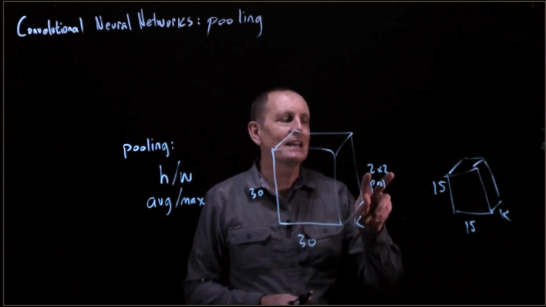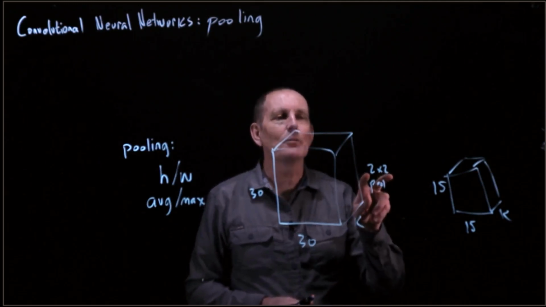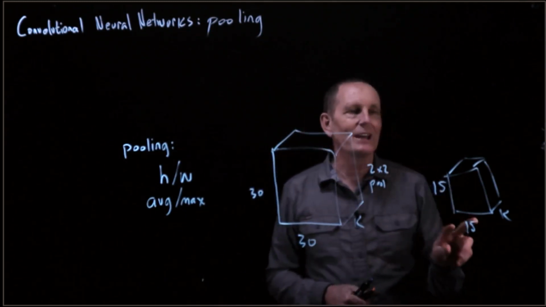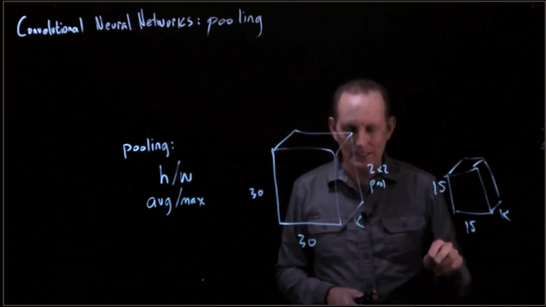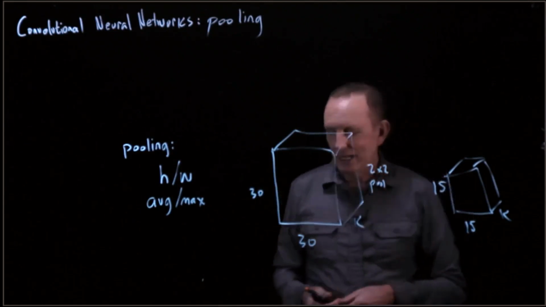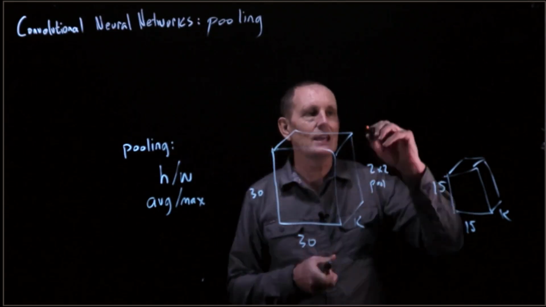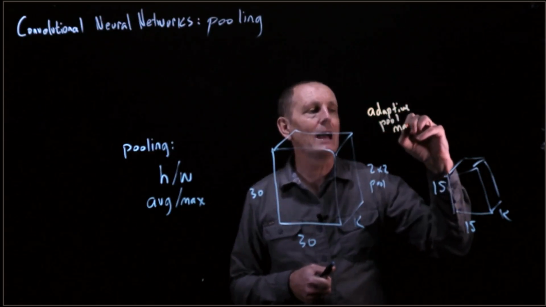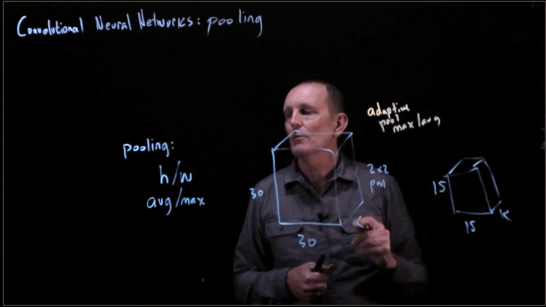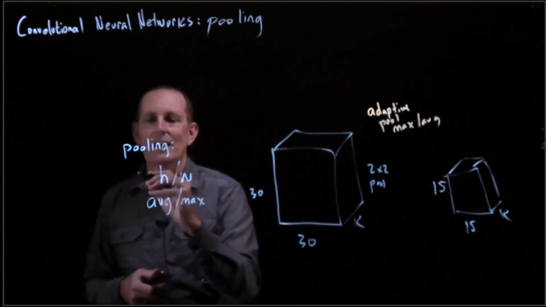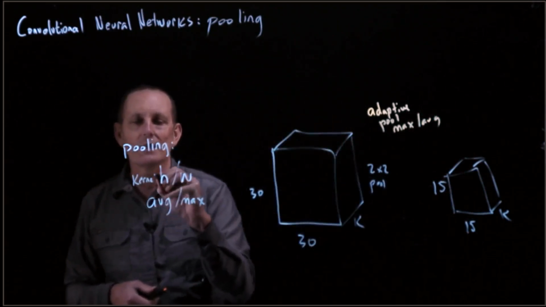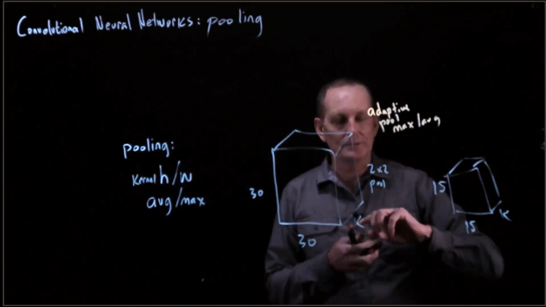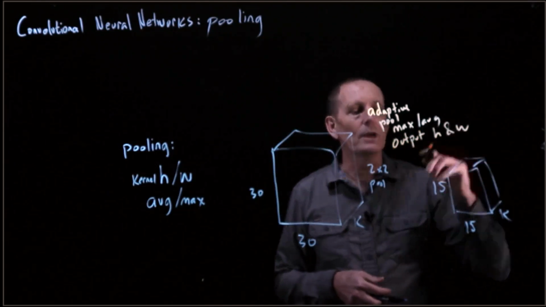Sometimes you may be interested not in specifying exactly how big these pooling kernels are, but instead you want to be specifying the output size. So there is a different kind of pooling called adaptive pooling. And here you specify again max or average, but instead of specifying the kernel height and width, that is how big the pool is, you instead specify the output height and width.